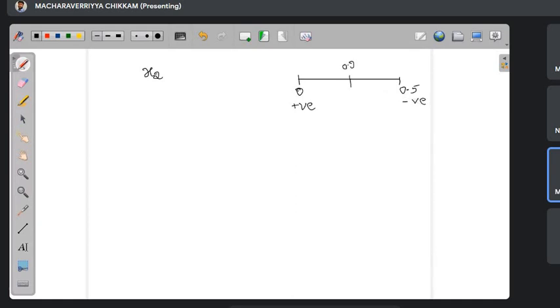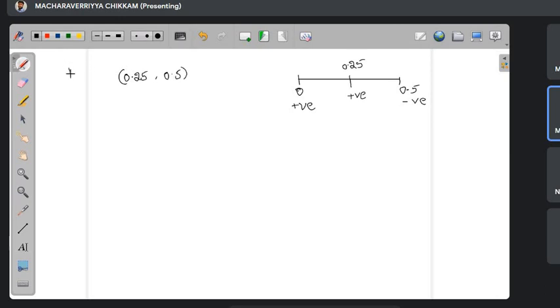At 0.25 the value is positive. So now where do you expect the root? Between 0 and 0.25, or between 0.25 and 0.5? Between 0.25 and 0.5. Exactly. So our new interval is [0.25, 0.5].